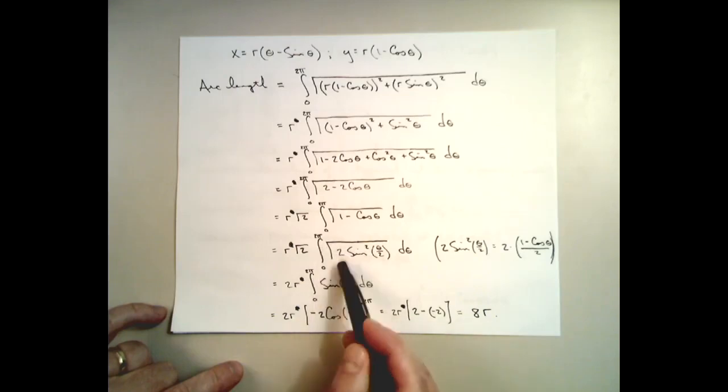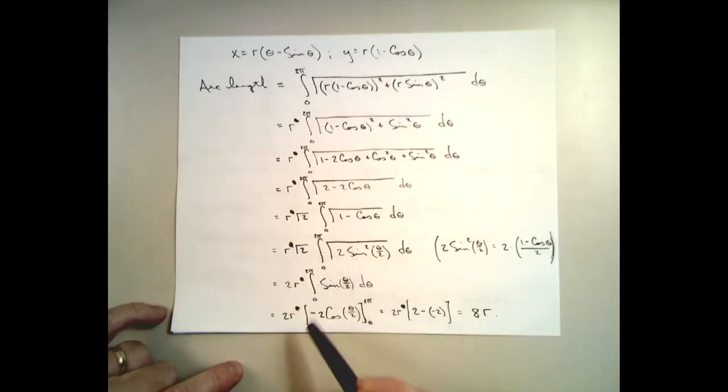And of course, I also took the square root of 2, and I factored that outside the integral sign and multiplied it by the square root of 2 that I already had to give me a 2. And so my answer is going to be 2r times the integral from 0 to 2 pi of sine of theta over 2 d theta.